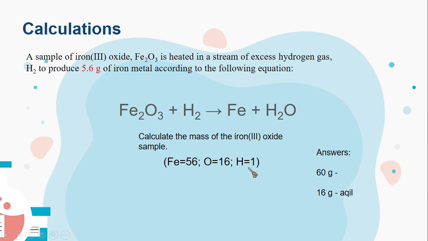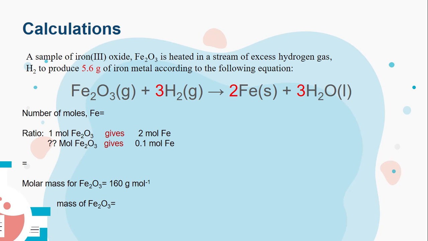So hydrogen. Now we go to the calculations. First, anything also you need to find the number of moles first. In the question they already gave you 5.6 gram of iron metal, correct? Now in the equation we have iron.